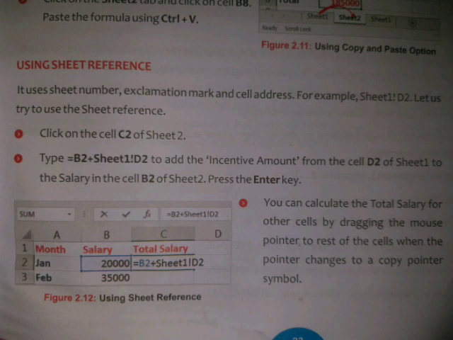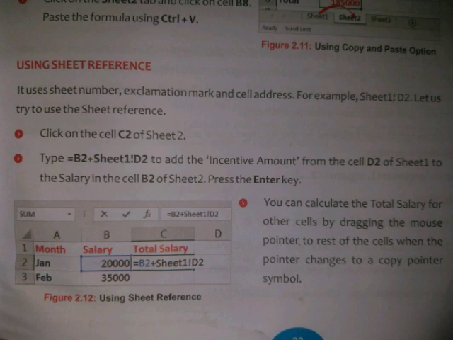After pressing the Enter key, the salary will be added with the incentive amount. The result will be given in the cell C2 of sheet 2.